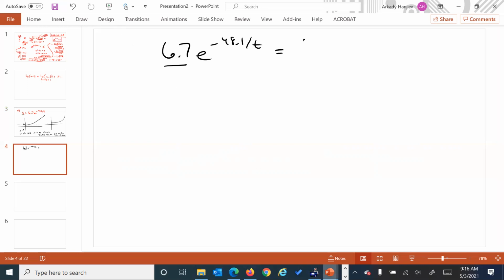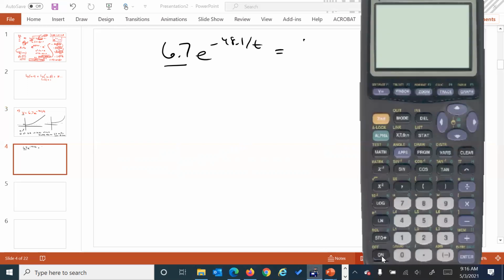Is it going to be that much? Let me just check something out real quickly on the calculator. I'm going to trace this starting here. X value.